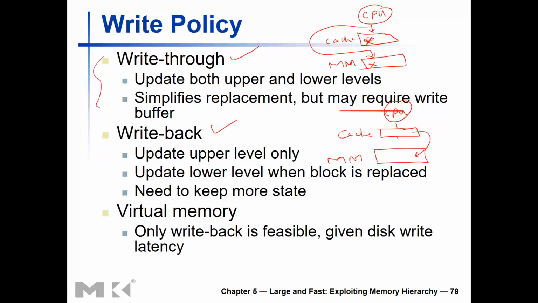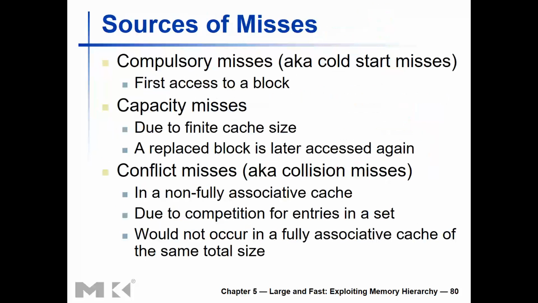We have these two flavors for the cache. For the virtual memory, we cannot have write through. We must use the write back policy, because if we applied write through, writing to the main memory and to the hard disk, that would be extremely slow and practically impossible to do.